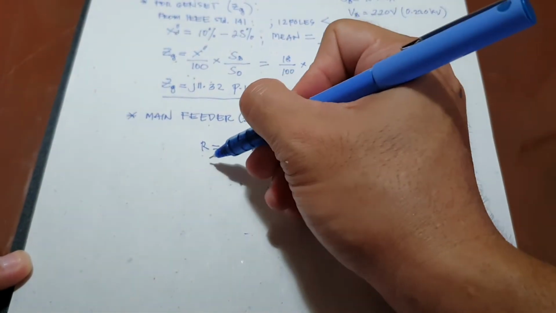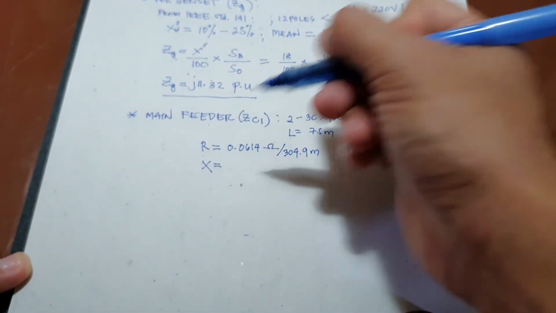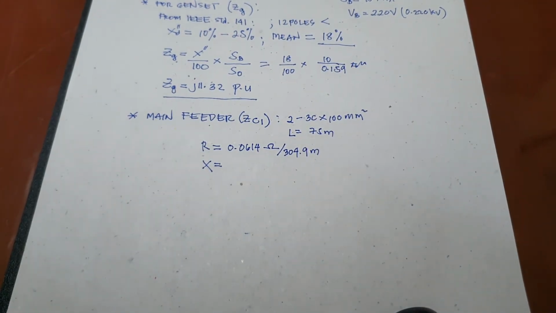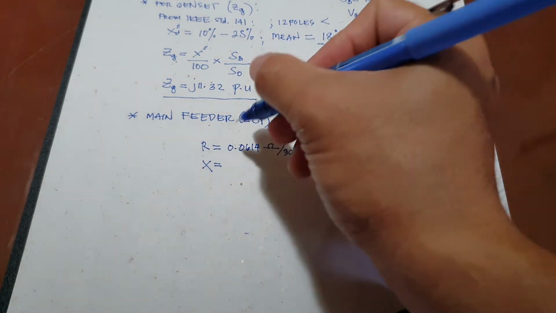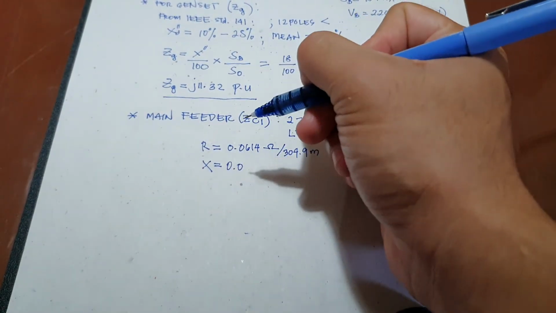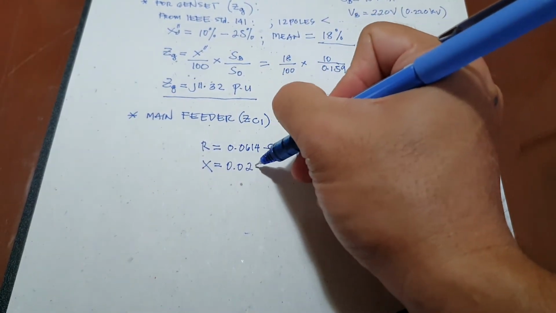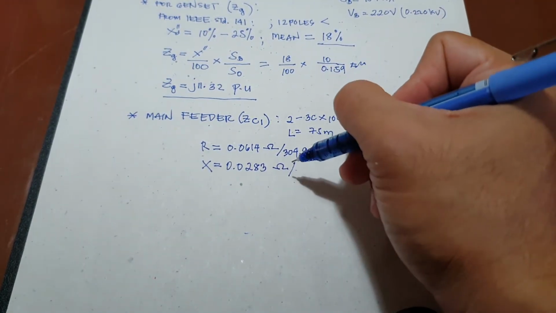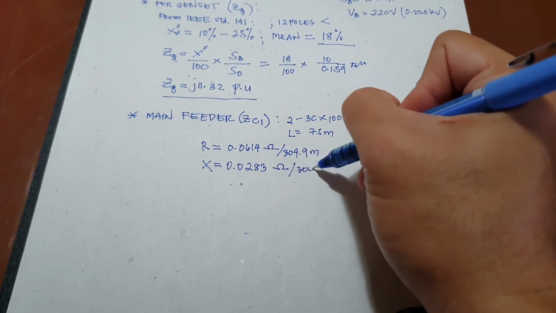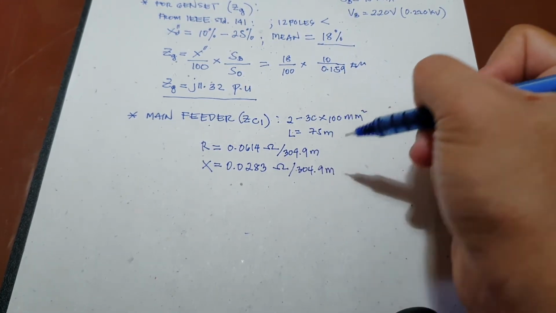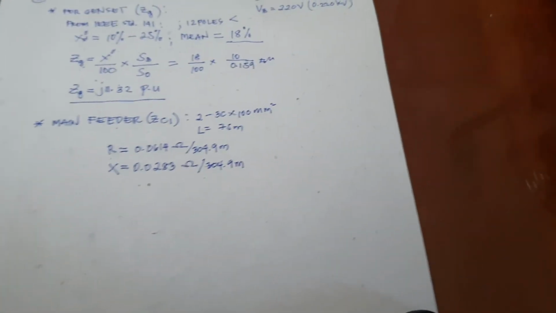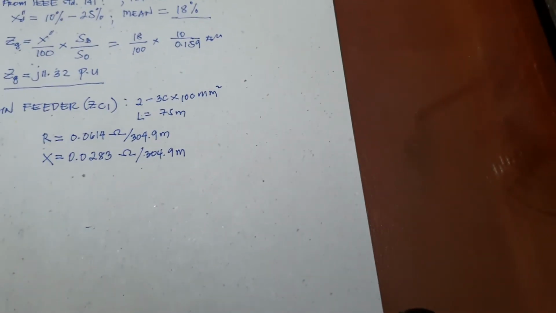And the reactance for this 3 core 100 mm squared is 0.0283 ohms per 304.9 meters. Okay, so these are the values taken from the IEEE tables.